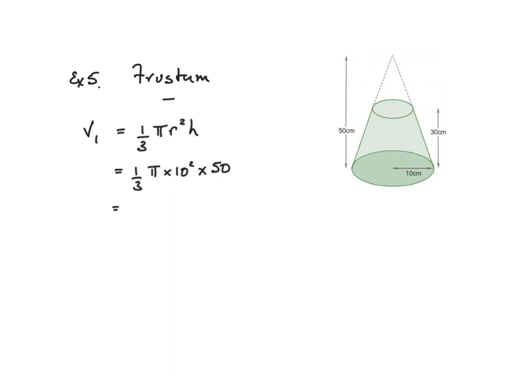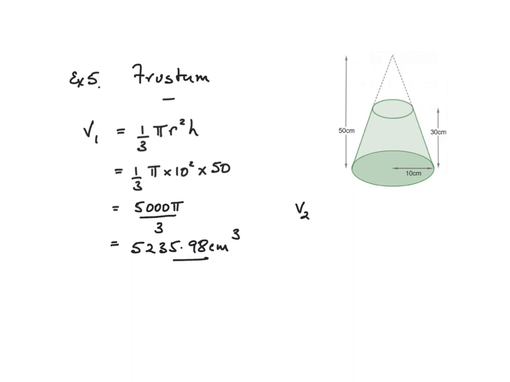So let's simplify if we can. 10 squared is 100, 100 times 50 is 5,000, so it's 5,000 pi over 3, and a calculator. That gives us 5235.98 centimetres cubed.